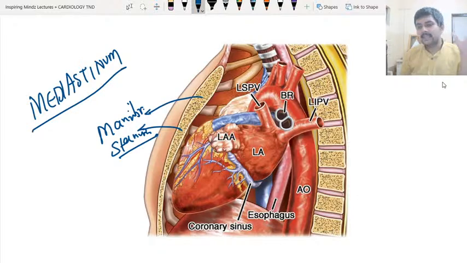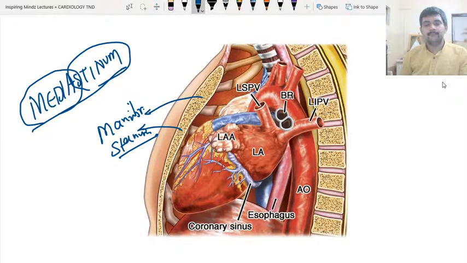Do you know why the name has come up as mediastinum? If you observe this really carefully, it says media and sternum. Media means beneath. So the mediastinum is nothing but the anatomical structures located beneath the sternum.